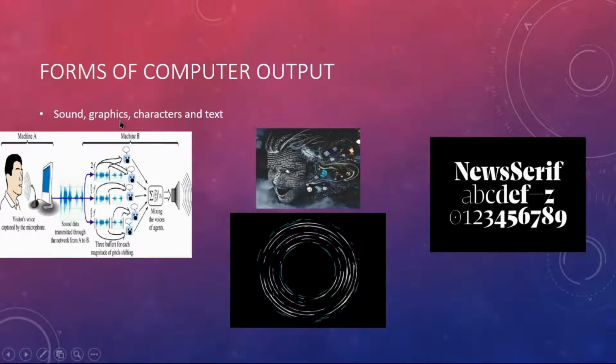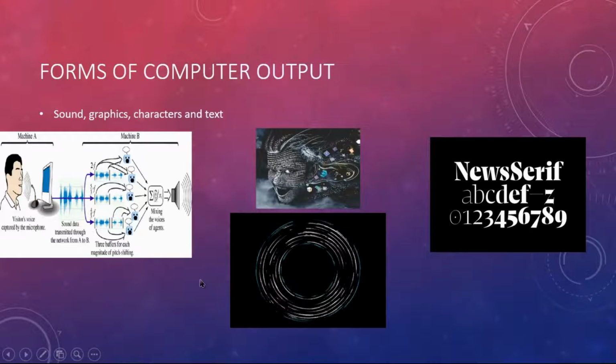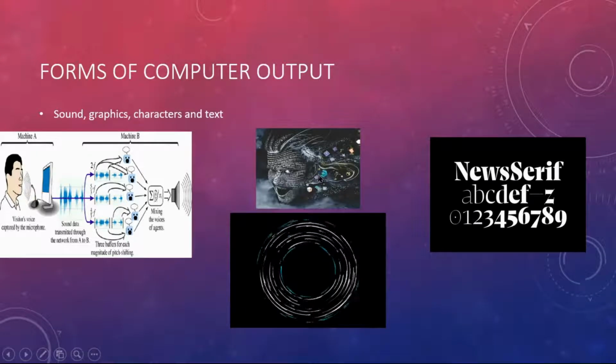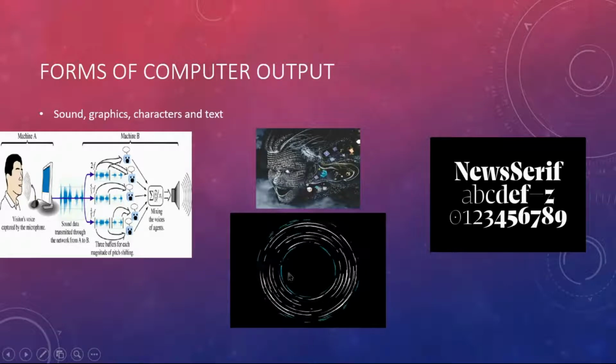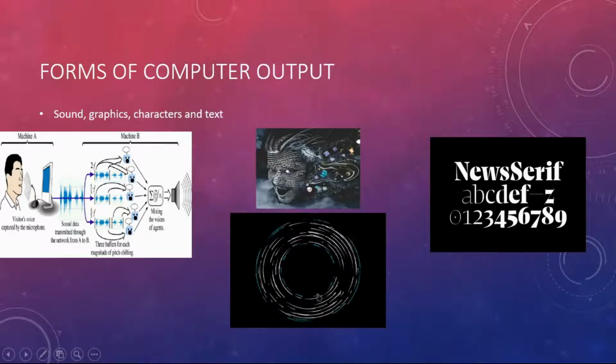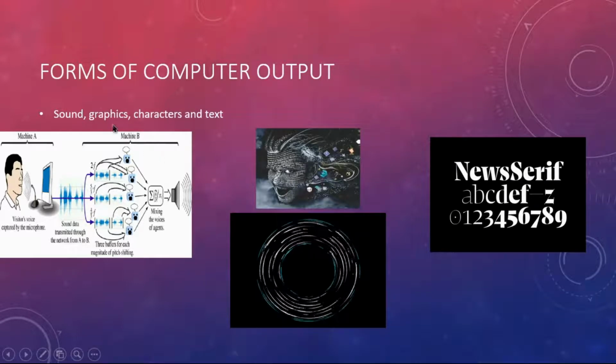Now, for graphics being a form of computer output, here we make use of still graphics, and we also look at images which are moving, for example GIF images, or videos. When we have any kind of data involving images and videos, those qualify to be graphics.